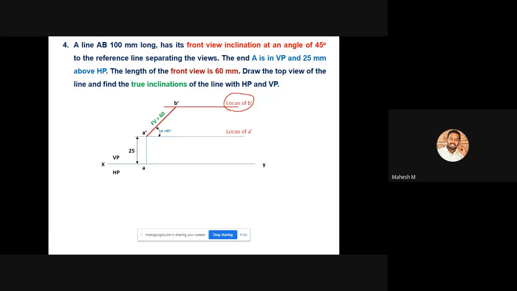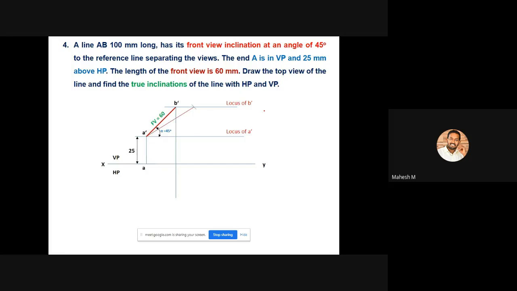We know that the endpoint of the front view and the endpoint of the true length will be on the locus of B dash, right? So that is the basic instruction. So we can create a true length line with a length of 100 mm. So the endpoint of this 100 mm should be on the locus of B dash. So that is our next step.